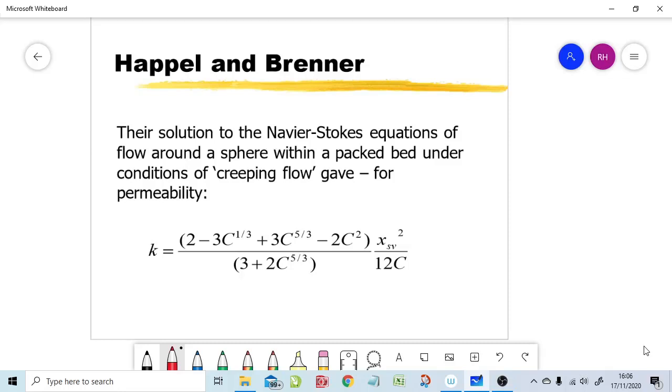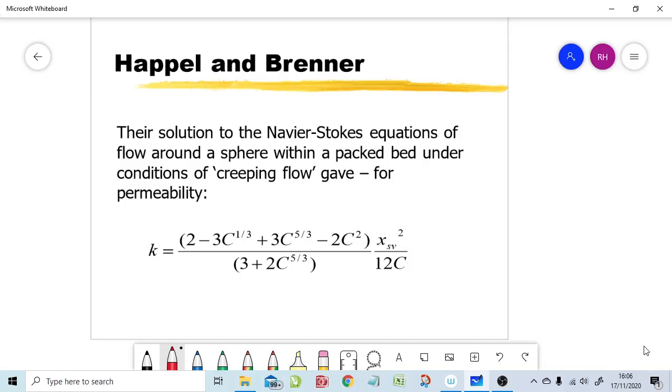That's one approach, and the Kozeny-Carman equation originated from around about the 1917, 1920s time, so it's over 100 years old.